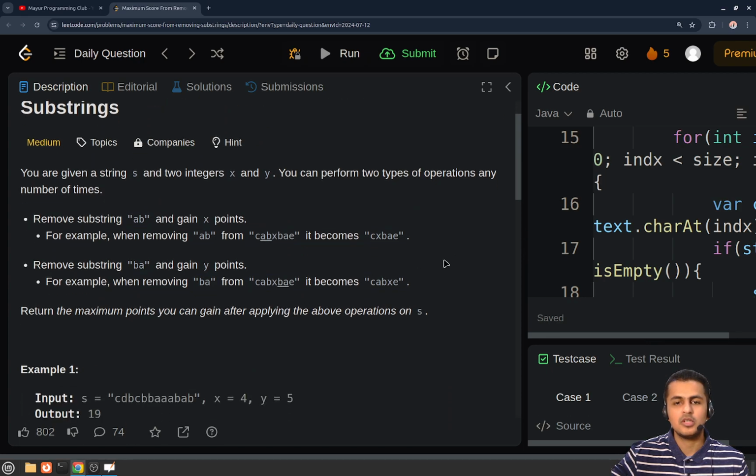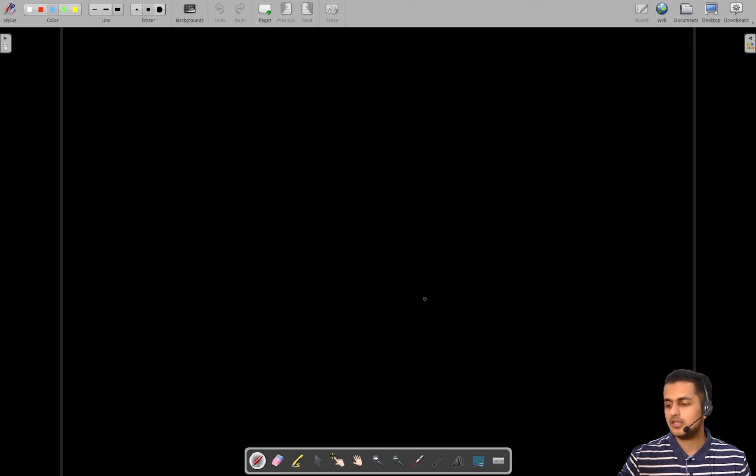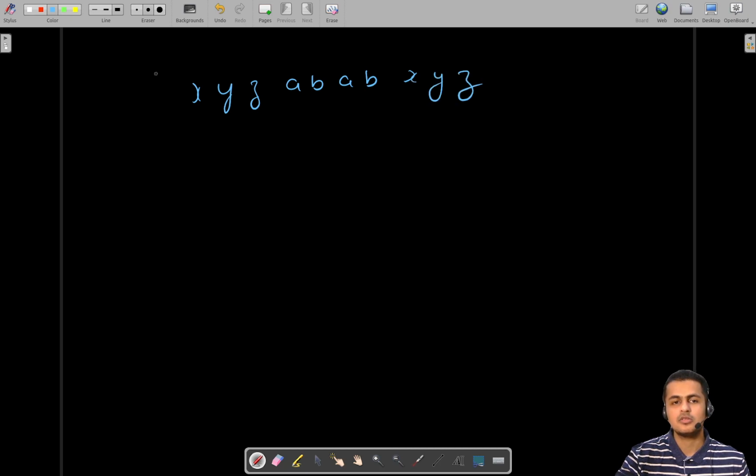So let's try to understand how we can maximize our points. Let's consider a scenario where a string is given to you, let's say xyz, then abab, and then again xyz. How will you be able to maximize your output? First of all, there are two considerations.